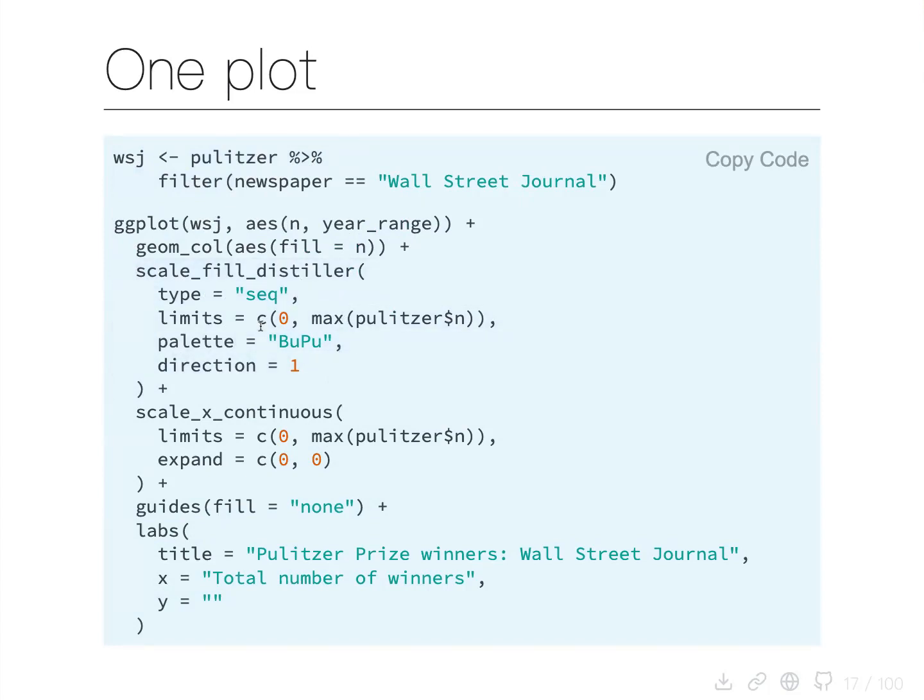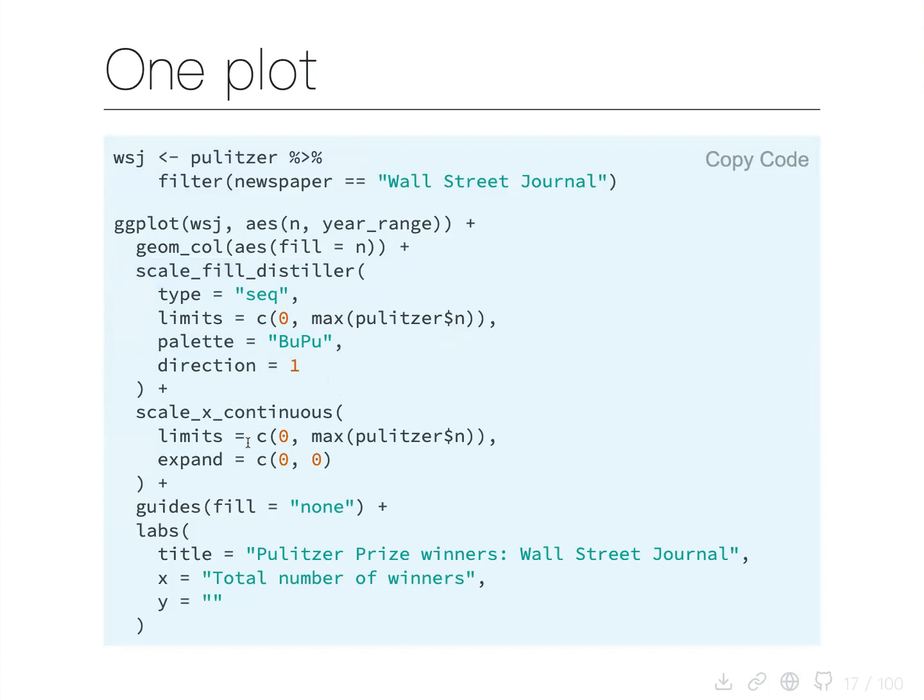And then the reason I'm doing this mostly is actually for this part right here. I want that color scale to stay the same across all of them, regardless of what the total N is. So the limits of this color scale are going to be 0 and whatever the overall max of Pulitzer N is. Okay, so not Wall Street Journal, but the overall data set Pulitzer N.